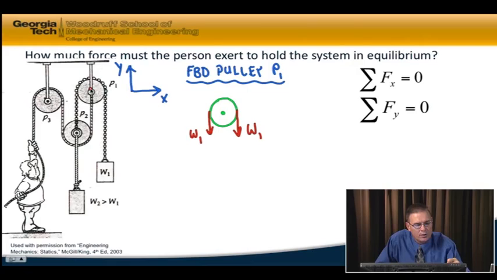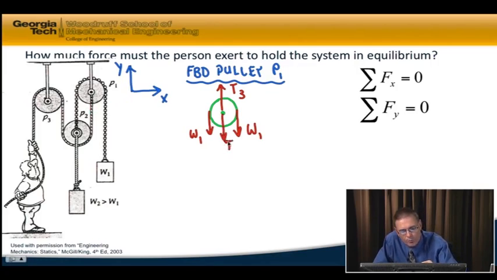I have this connection of the center of the pulley to the ceiling, and so I have to cut that, and there'd be tension in that. I'll call that tension T3. Then I have a tension in this other cable, which is coming down from the center of the pulley. If I cut that, I'll call that tension T2.